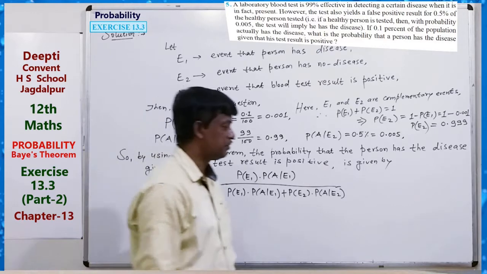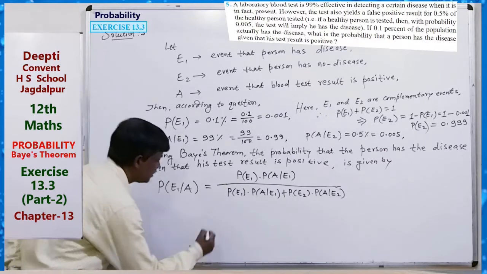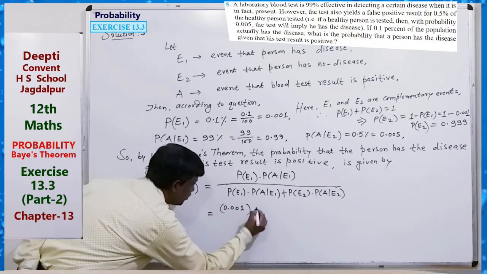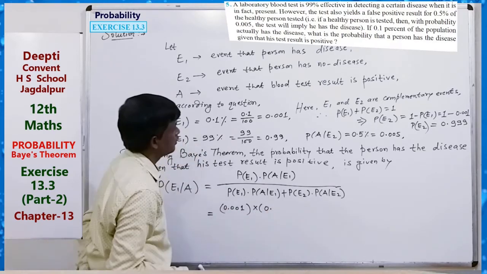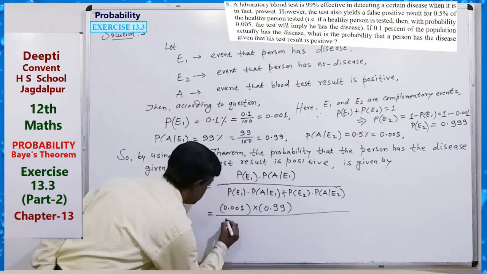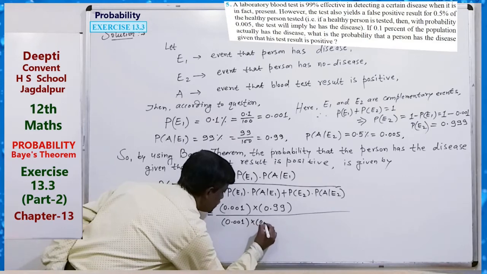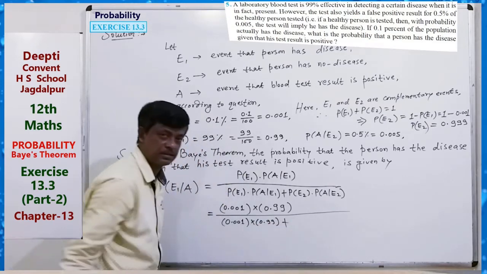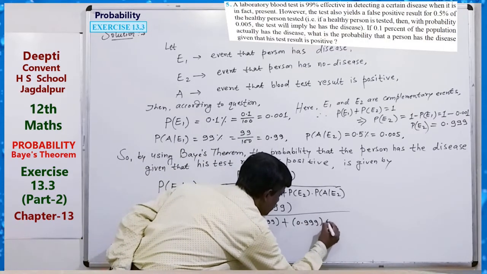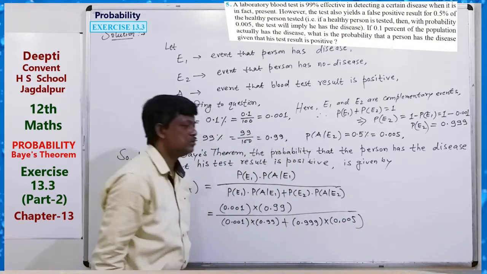Just use these values now. P(E1 given A): put the values, 0.001 into 0.99 upon 0.001 into 0.99 plus 0.999 into 0.005.